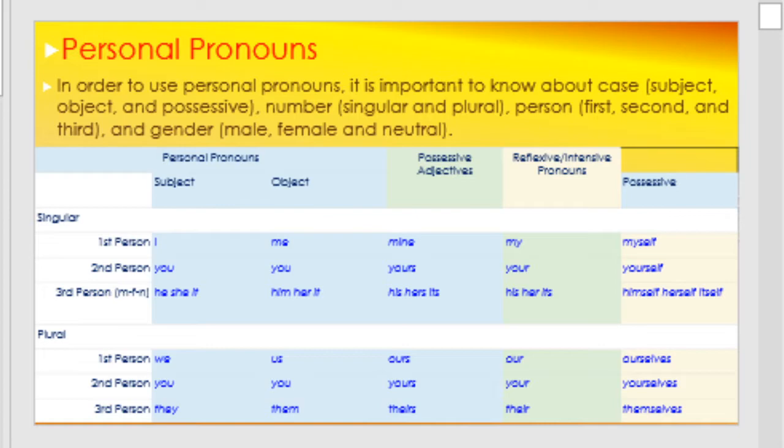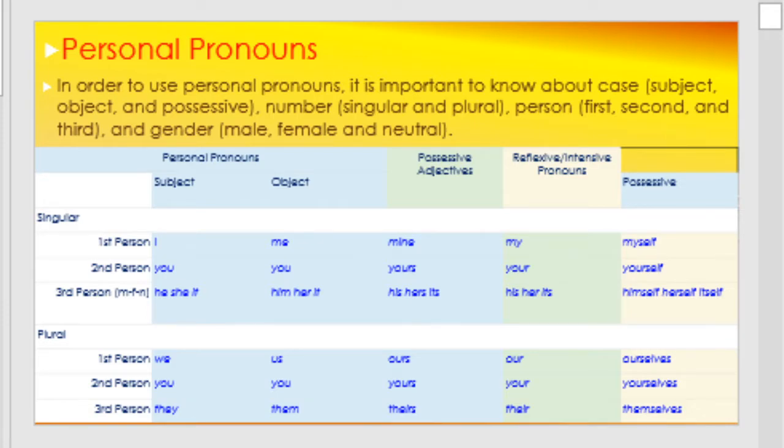Next, personal pronoun. We're done with the demonstrative pronoun, so let's move on to the personal pronoun. In order to use personal pronouns, it is important to know about case: subject, object, or possessive. Number: singular or plural. Person: first, second, and third. And for gender, we have male, female, or neutral.